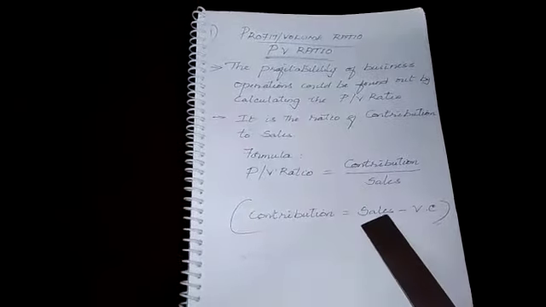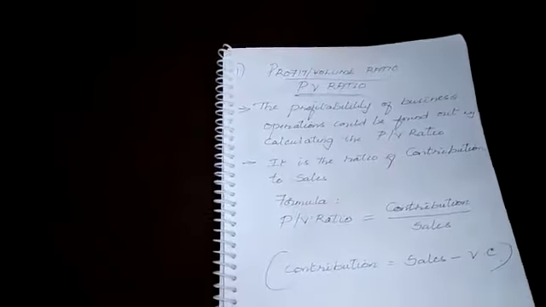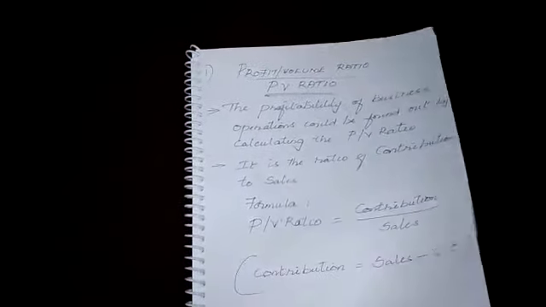Variable cost will be given in the sum. After subtracting this variable cost from sales, we will be getting contribution. That contribution we have to apply here, and we can find out the PV ratio. Into 100 we have to put, it is missing here: contribution divided by sales into 100, then only we will be getting it in percentage. This is the first term associated with marginal costing.